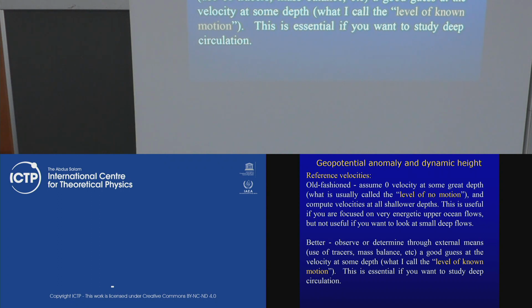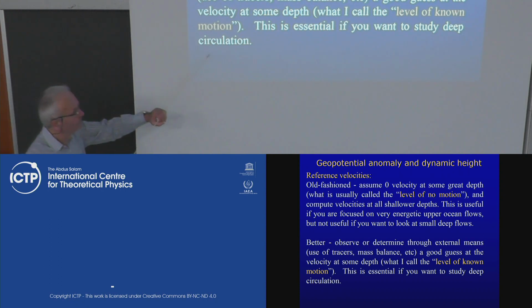Then you do the average over the entire period and take this as a known motion, so you have the level of known motion, and then you calculate the vertical shear from that specific level up to the surface and below. This is how we can use this to study deep circulation.